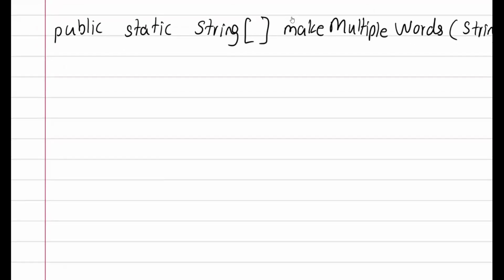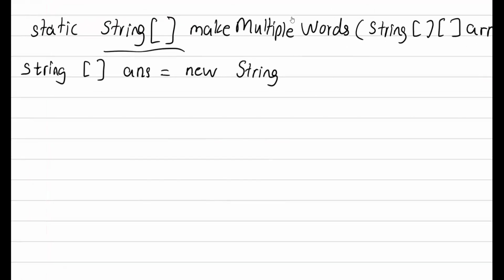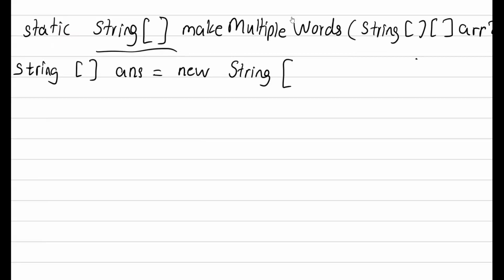Okay. So first we're going to declare, because we want to return an array of strings, so let's declare the array of strings first. So this will be returned. String array, let's say answer, equals a new string array. And then we need to declare the size.